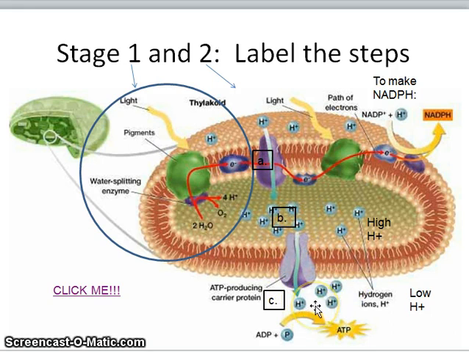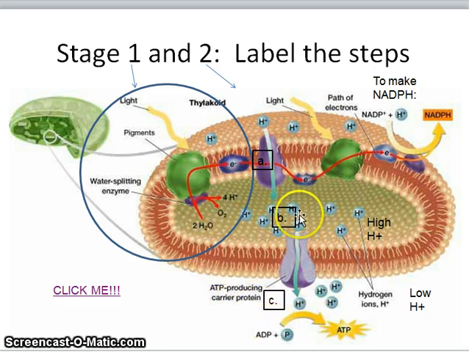every time this happens, it actually will grab an ADP and a phosphate and make ATP. And so that's why it's called the ATP producing carrier protein.